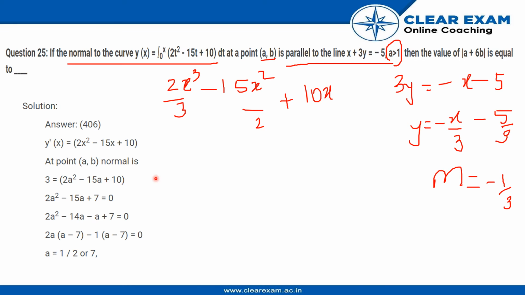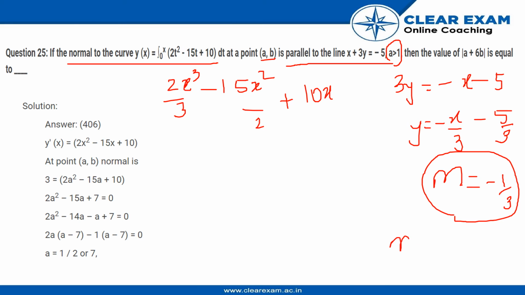Now what we need to know is, this is the point and we have the slope. We know dy by dx is the slope, correct, and the slope over here is minus 1 by 3 for a tangent. This is the slope for a tangent, but we need a normal.